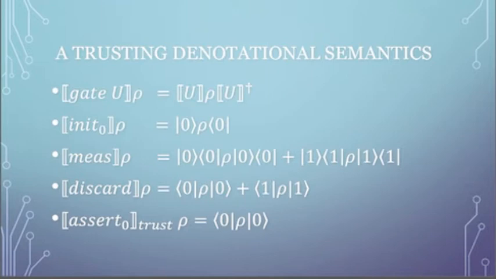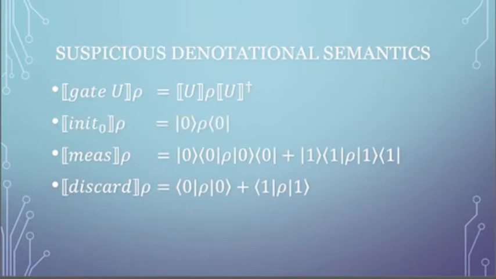And this is nice, because as you can see, these init 0 and assert 0 correspond very neatly. They reverse one another's operations. So that's kind of what you would like the semantics to be, assuming that these assertions are all valid. Now, I might also be a little bit suspicious, though.